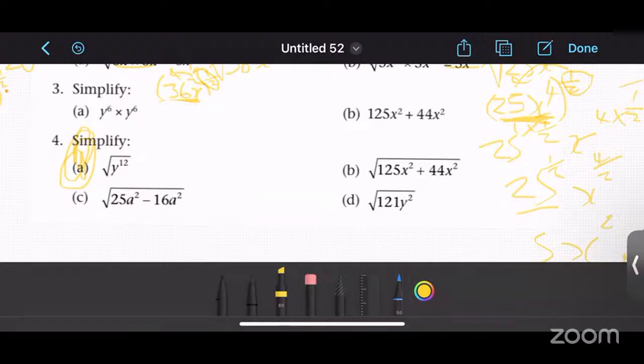Take me through the steps on how you got to that. Ma'am, the first thing I did, ma'am, I did a similar thing you did, where with the exponents of the y, I just put a bracket over it and times it by exponent half, ma'am. Then my calculator gave me 6, ma'am.